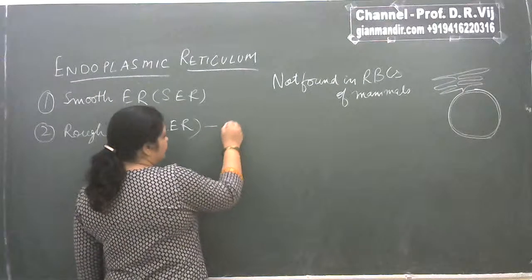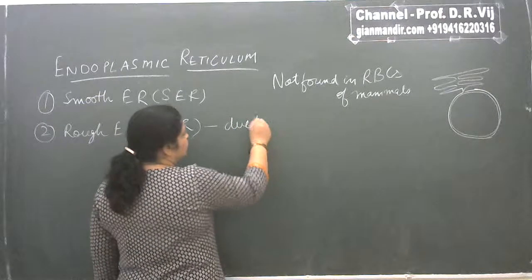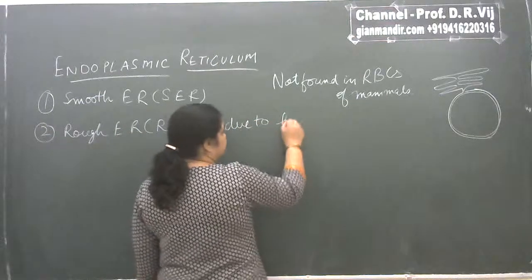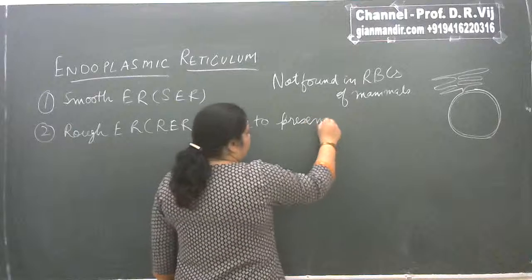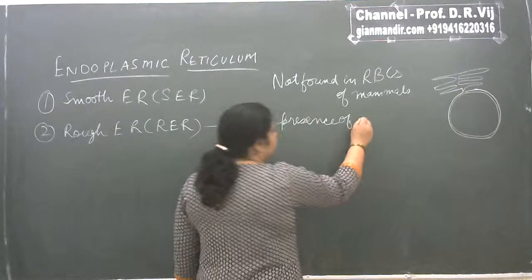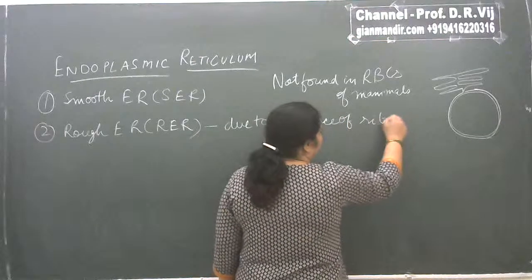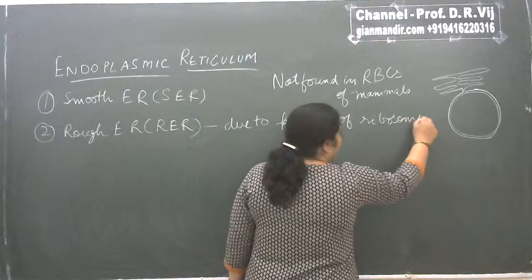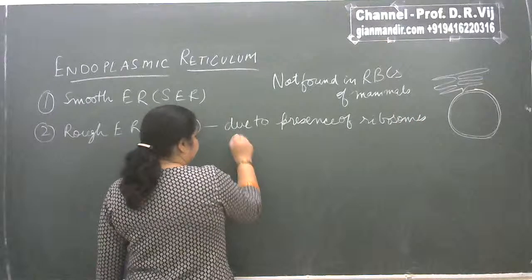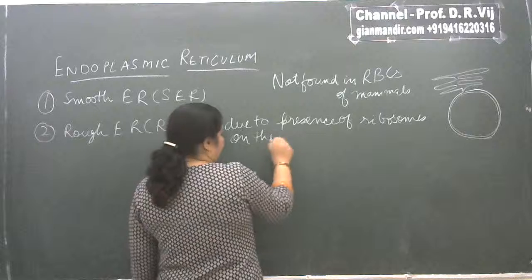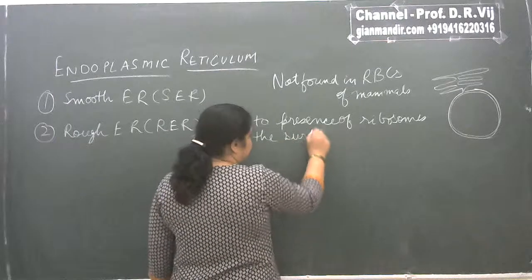So rough endoplasmic reticulum is said to be so due to the presence of ribosomes on the surface.